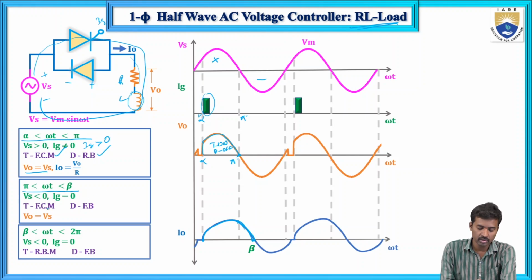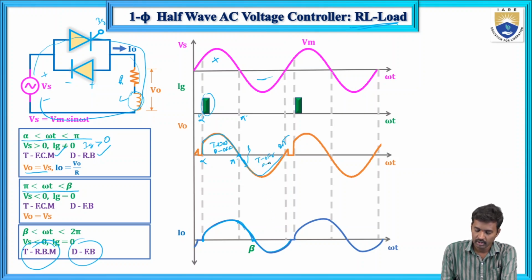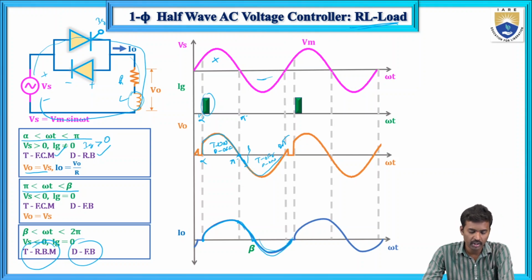V0 equals Vs, and it will conduct up to the angle beta. Then from beta to 2 pi, the supply voltage is negative, so the diode is in forward bias and the thyristor is in reverse blocking mode, meaning T1 is off and the diode is on, so negative current flows. This is the circuit operation for RL load.